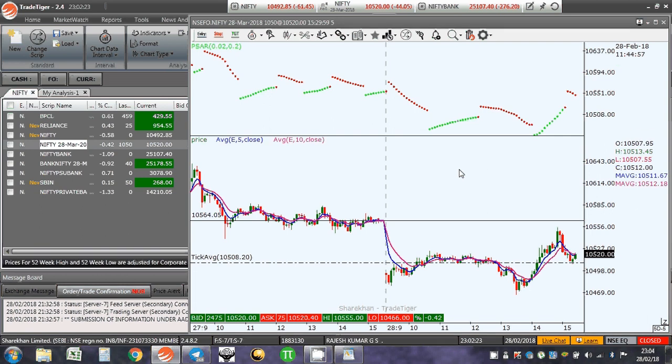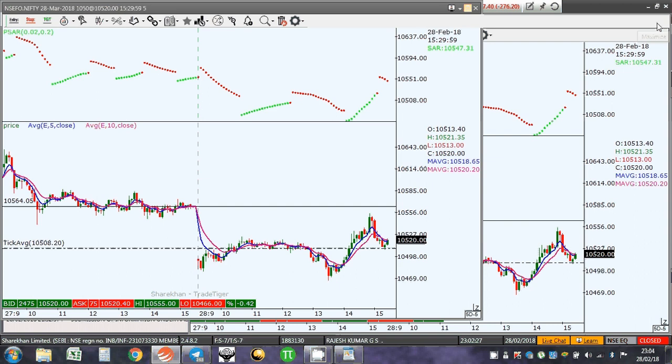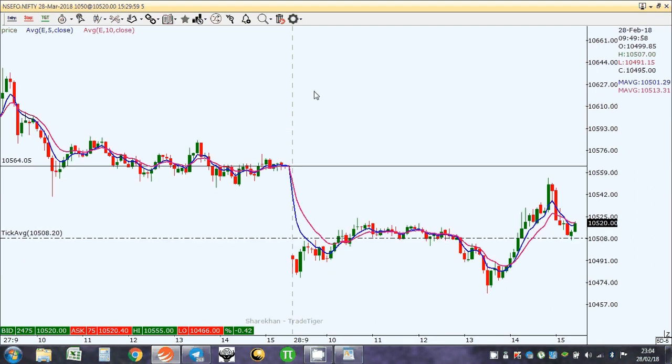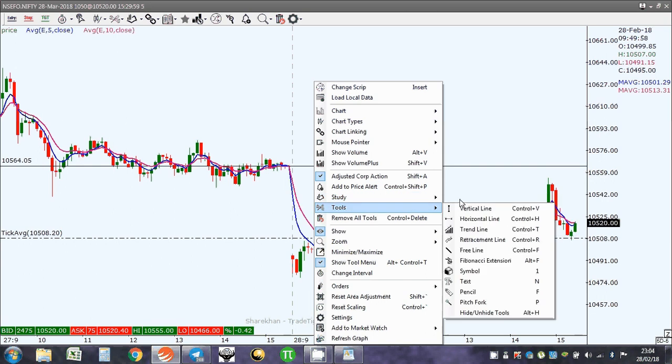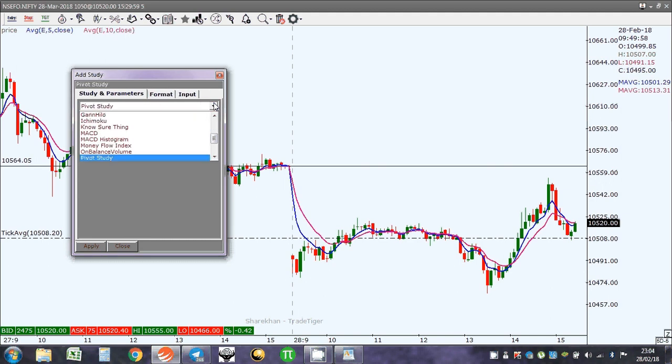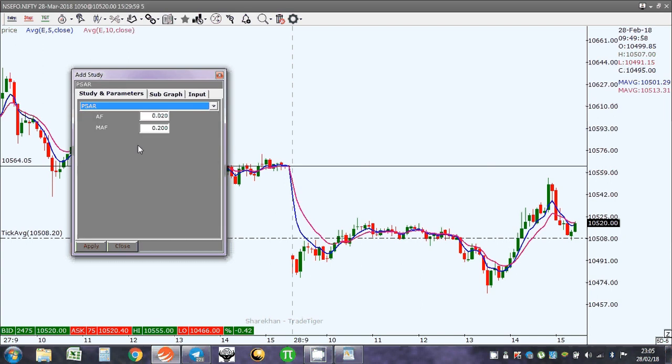So the chart is showing something different. Wait, I'll clear the PSAR. So we can add on PSAR. There are a lot of indicators you can see: MACD histogram, pivot study, PSAR, all these things.